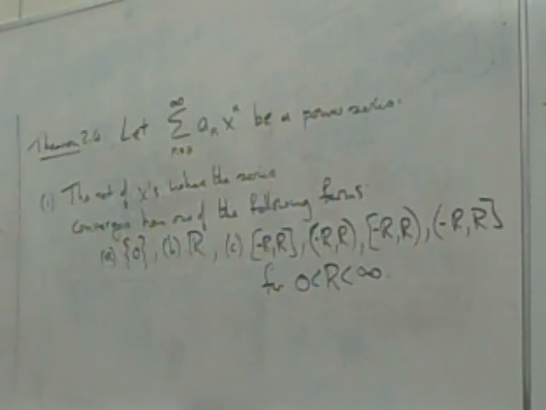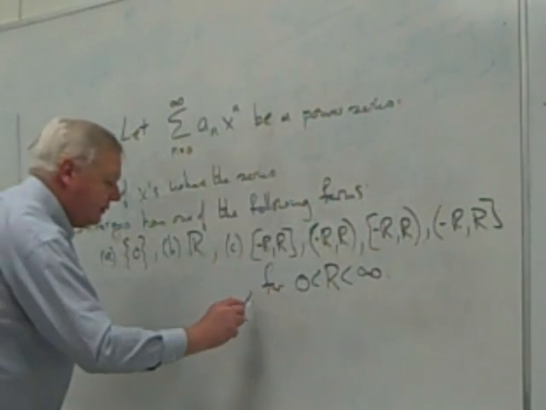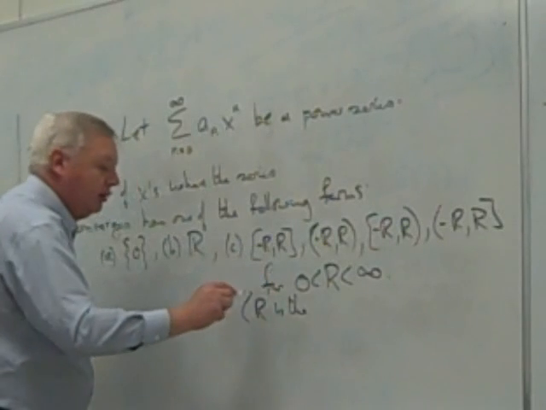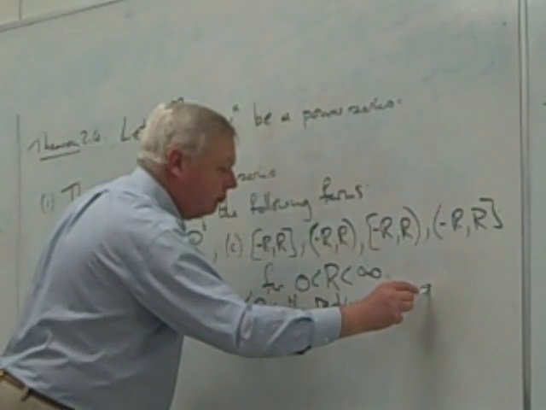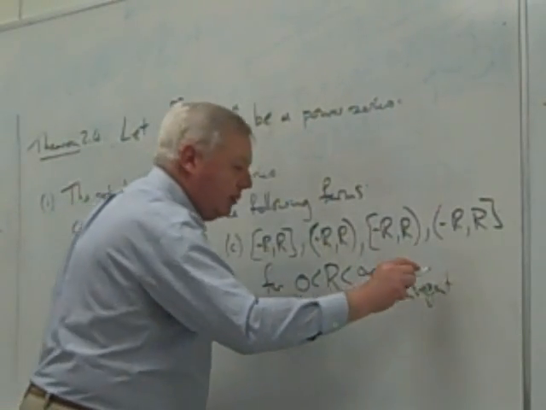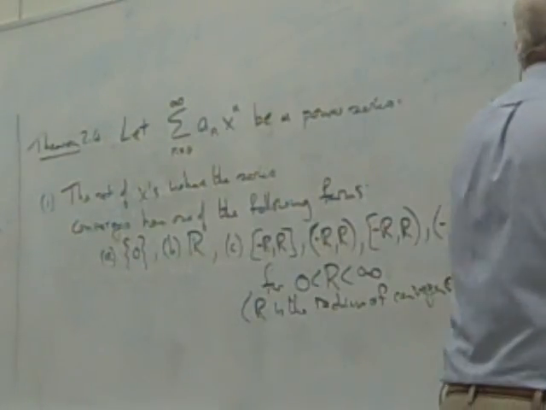So these are the only possibilities when you consider the set of all points where a series converges, and all of those possibilities can occur. And capital R is called the radius of convergence. So that's the first statement.